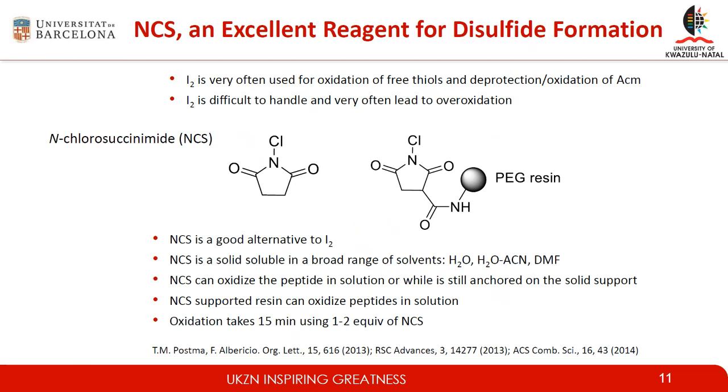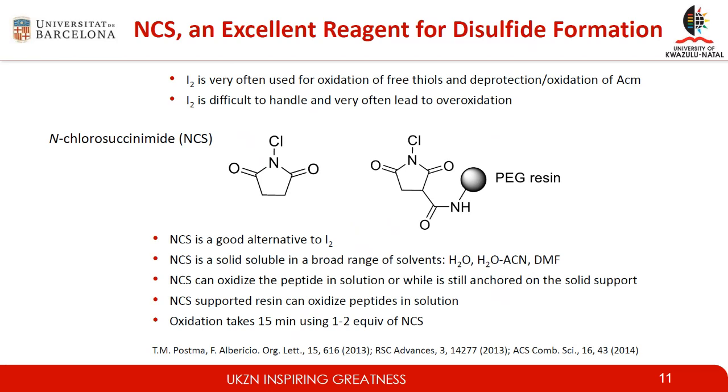But for the oxidation, one of the most popular methods is iodine. But iodine is very often difficult to handle and sometimes leads to over-oxidation. With Tobias in Barcelona a few years ago, we developed N-chlorosuccinimide, NCS. NCS is also a mild oxidative reagent.